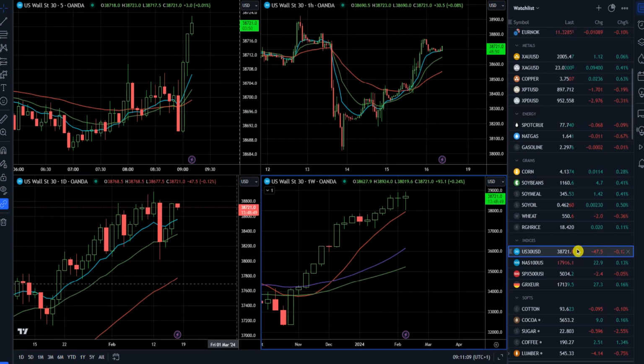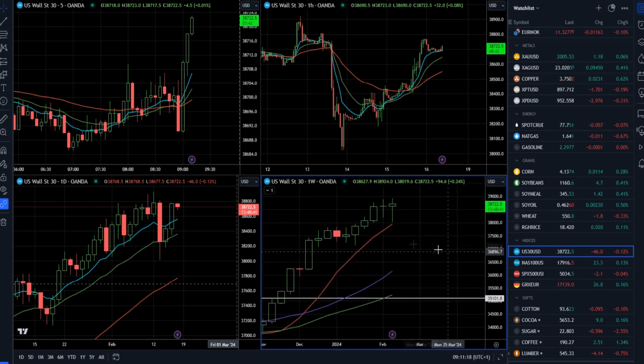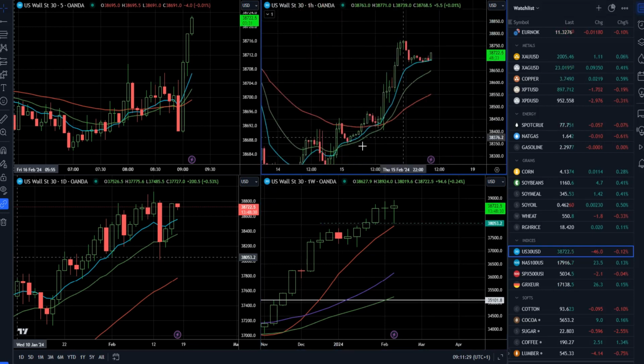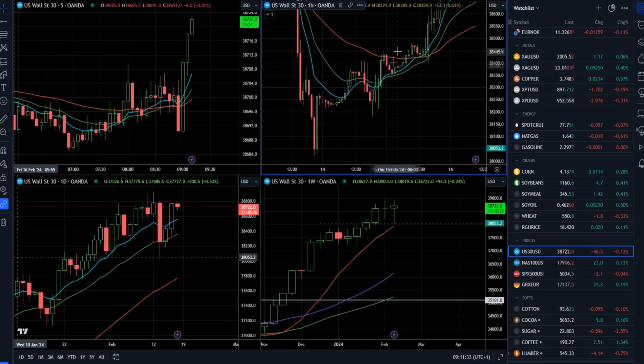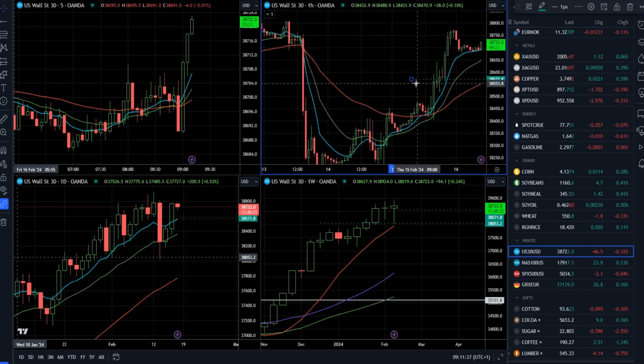If we check US30, for example, we can see that the weekly 10-week moving average is holding very well. The market just rejected off that level, and that was the area around the 38,053, 54 mark. On the hourly time frame, I can see clearly that the market started to build higher lows, and there was a breakout at this point.